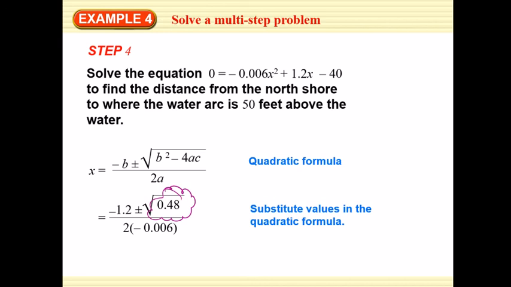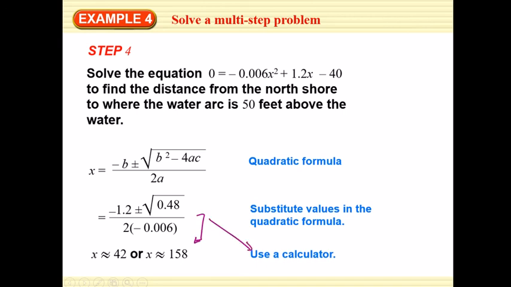Alright, so when we rewrite everything, substituting in our discriminant, our b value, and our a value, this is what we get, and then we actually work it out. There might be one or two more steps before you reach these two solutions. I'm pointing to the wrong thing. So we're hitting at about 42 and 158.